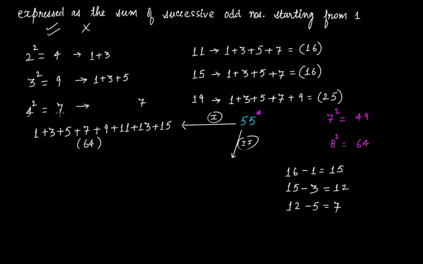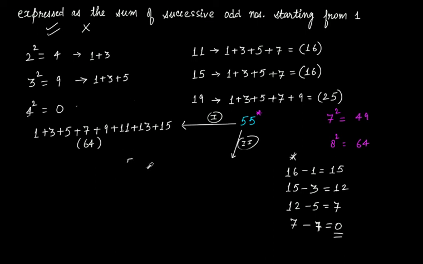Now if you subtract 7 from 7, you get 0. So here you finally get 0. What is the point? The point is, if a number is a square number, then if you go on subtracting successive odd numbers starting from 1, it's the same property, you'll finally get 0.